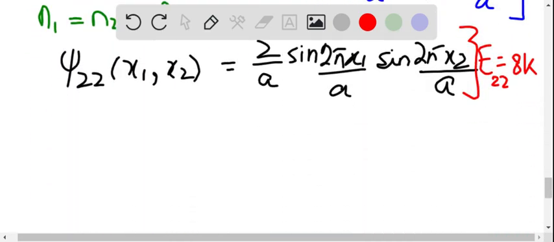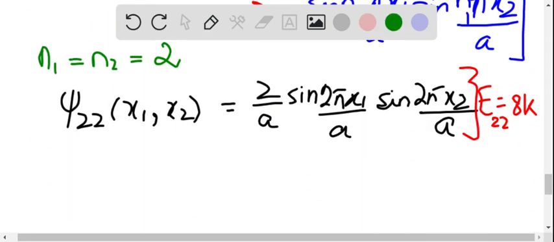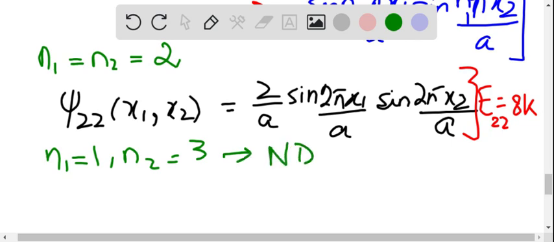Next, similarly, we're going to use the same values for the states when n1 is equal to 1 and n2 is equal to 3, right? That would be non-degenerate. So we just plug them into the wave function equation.